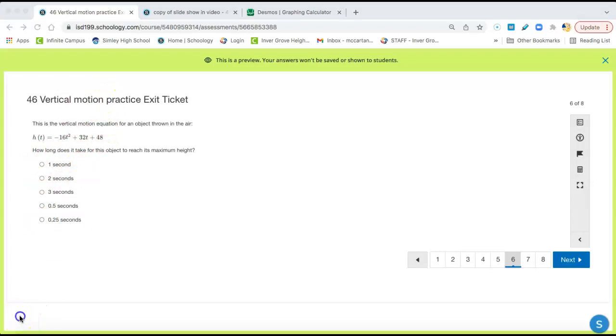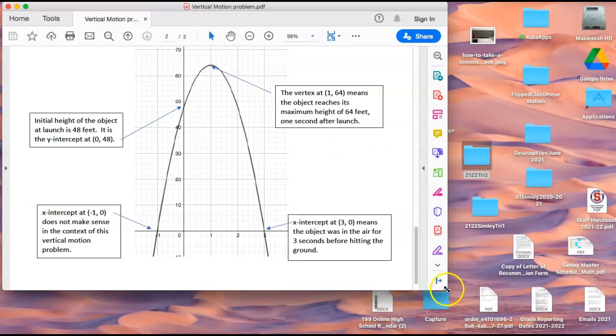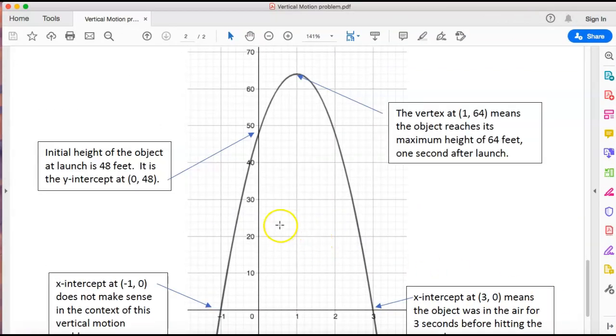We'll stop for a second. I just wanted to get us a graph to show. How long does it take for this object to reach its maximum height? This has exactly that graph right there. Takes off at 48 and goes right up here.